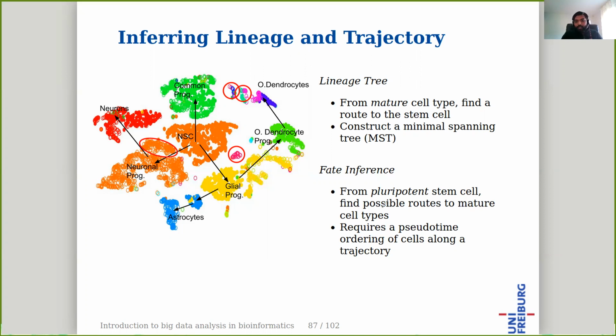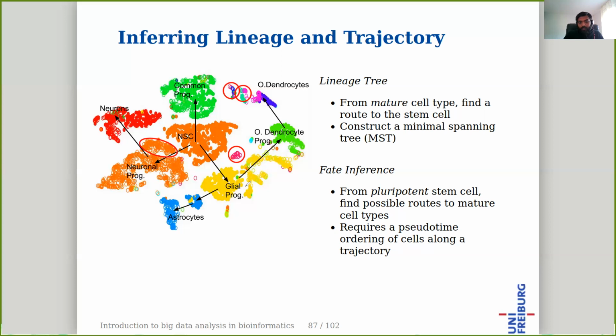For this cell fate inference, we start from the stem cells and find all possible routes to mature cell types: this one, this one, and this one. Then we do a pseudo time ordering of the cells along these trajectories.